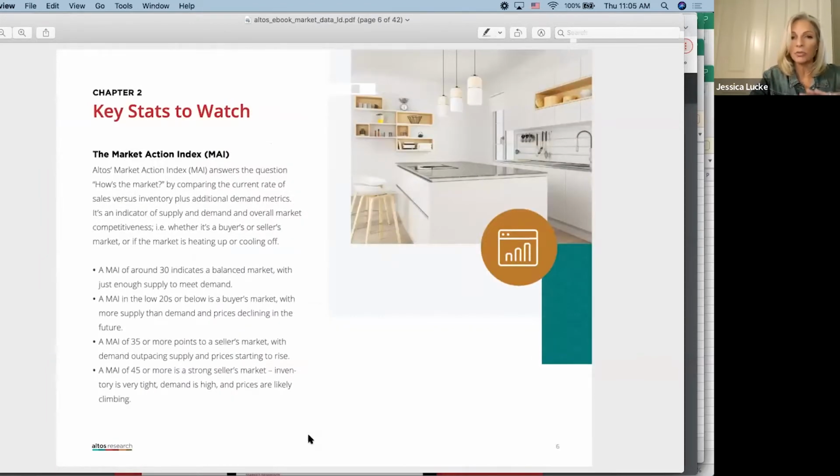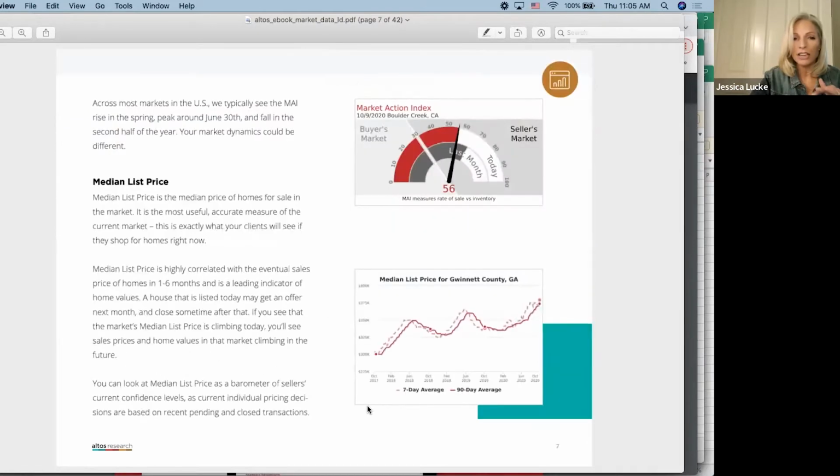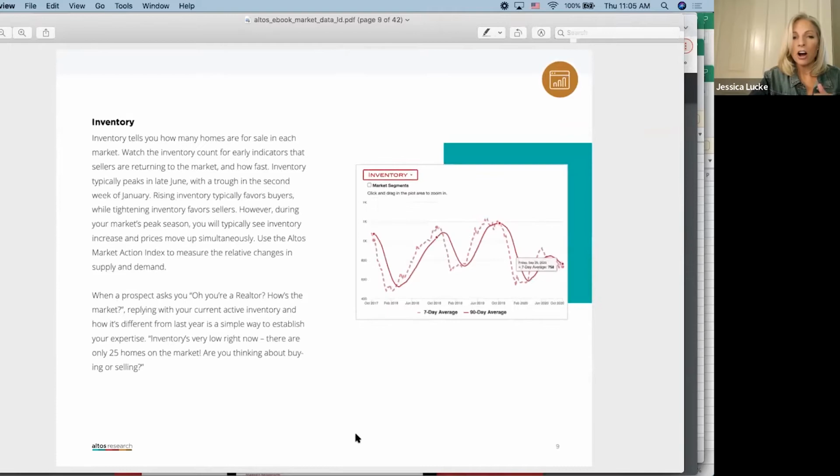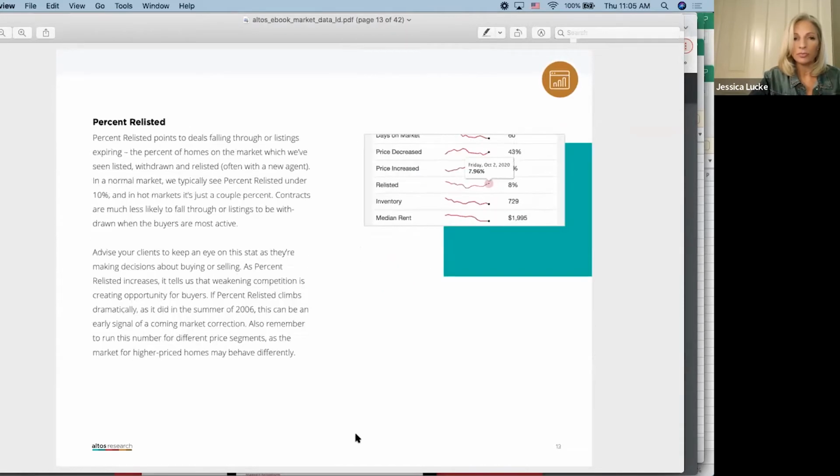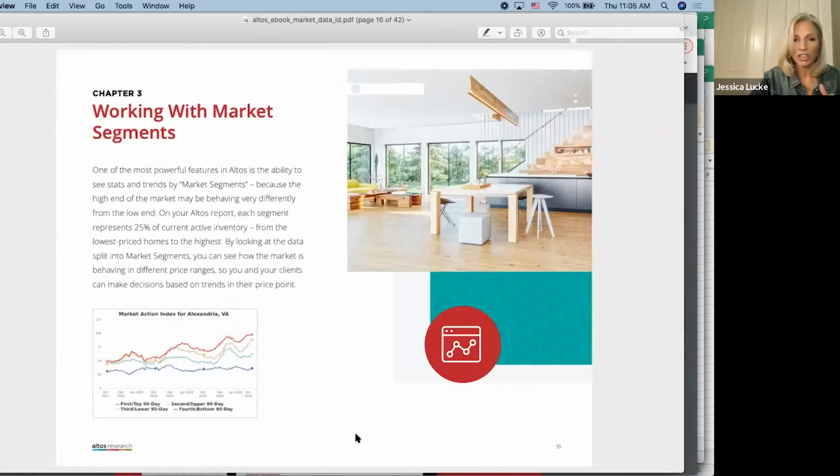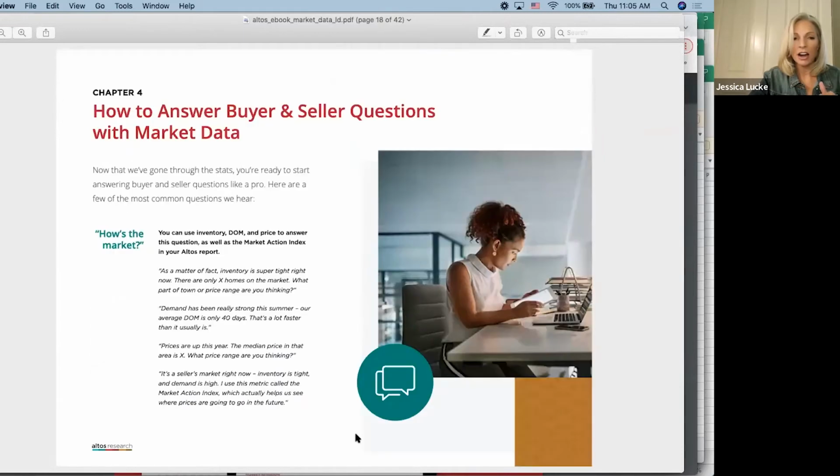And this is going to reiterate what we talk about today. So you don't have to feel like you have to memorize or take a bunch of notes, because if you sign up to get this ebook, it's a helpful tool to guide you through the different things to keep an eye on. It also has a whole section of various questions that clients will have, and how you can use the reports to answer some of those questions.